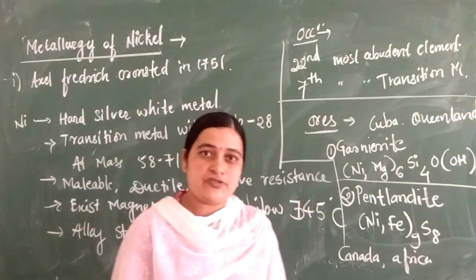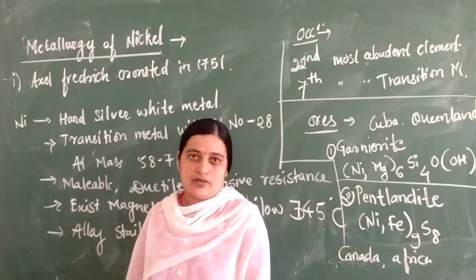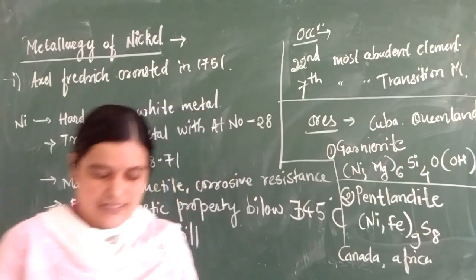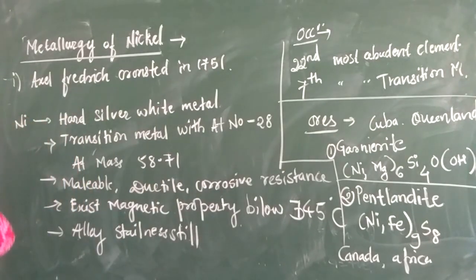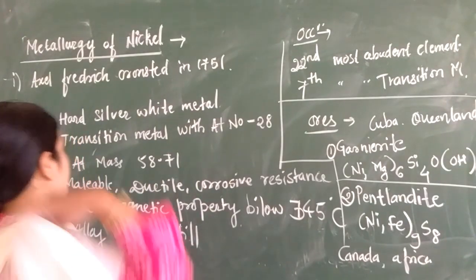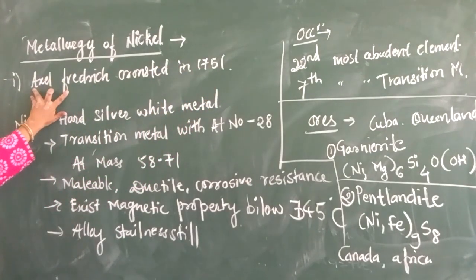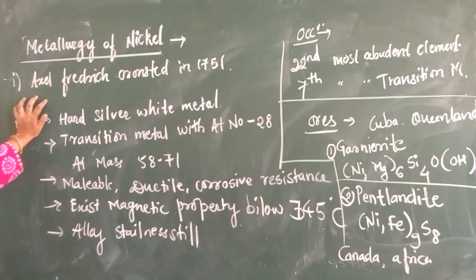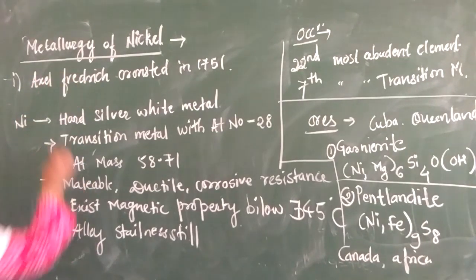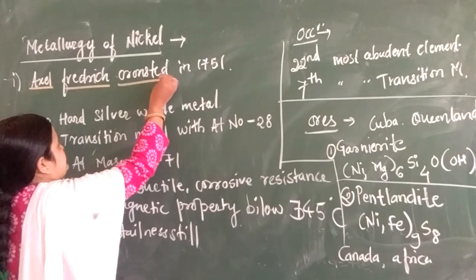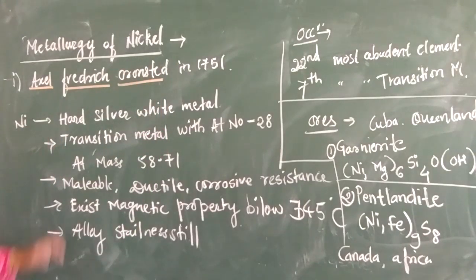So what is the history? The first time, nickel was used in China for the preparation of coins. In the year 1751, Axel Friedrich Cronstedt first isolated nickel from its ore. Okay, this scientist first isolated nickel from its ore.